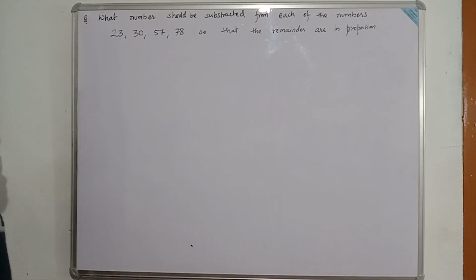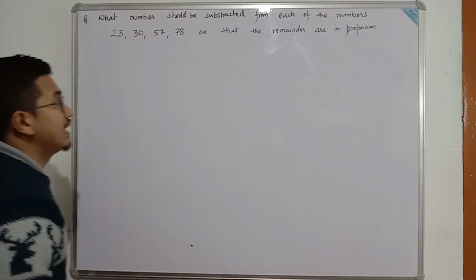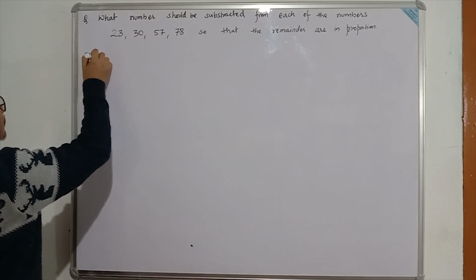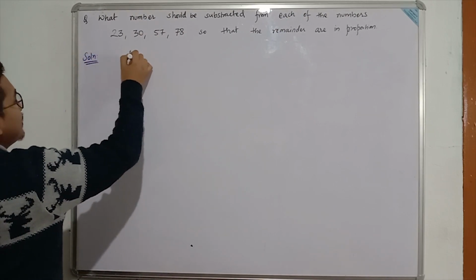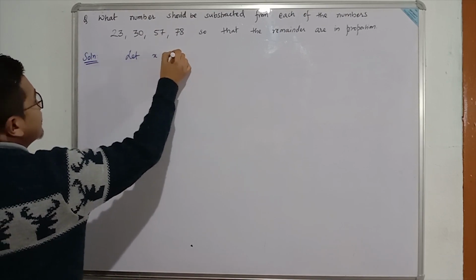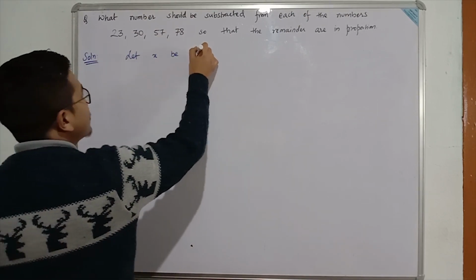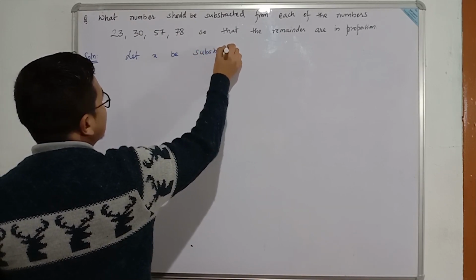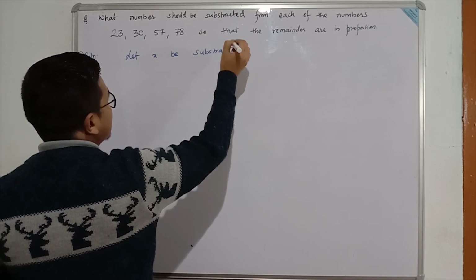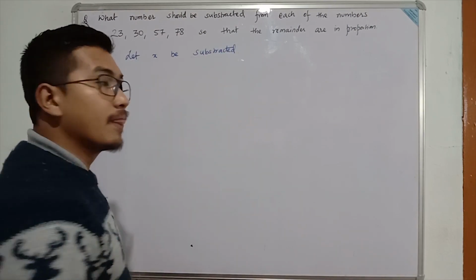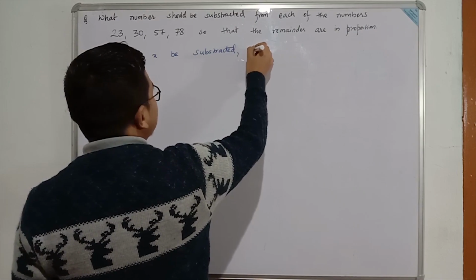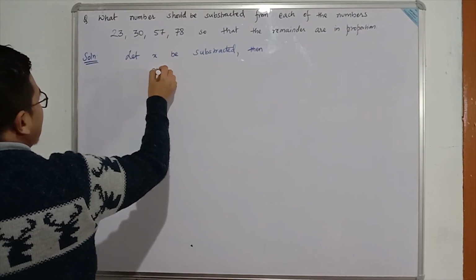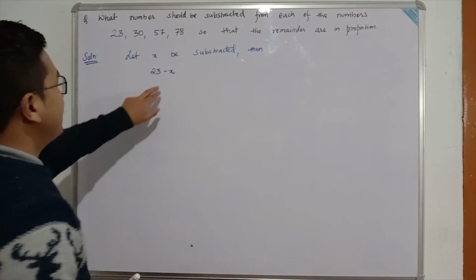Here also we will start by saying the same thing. Let x be subtracted. Then after subtracting, what do we get? 23 minus x, because we are subtracting x from 23.